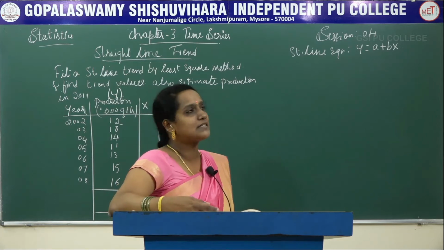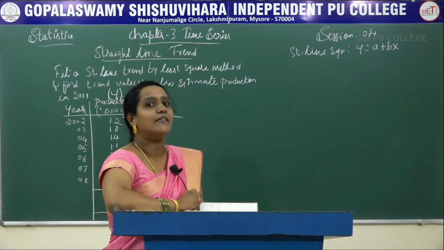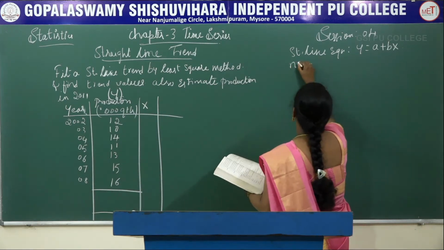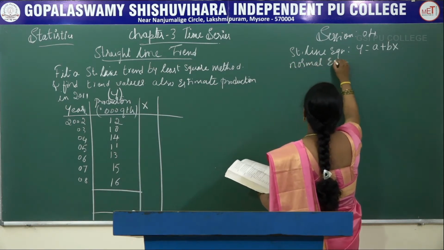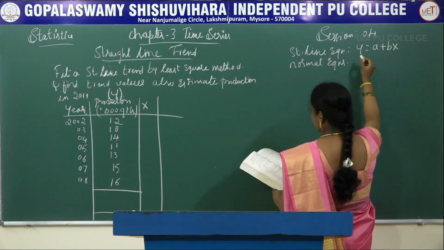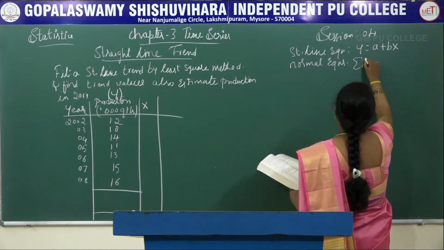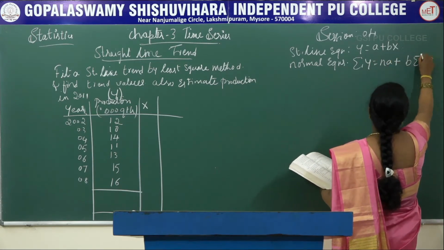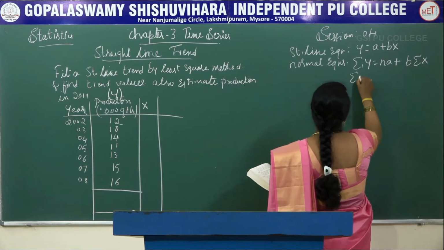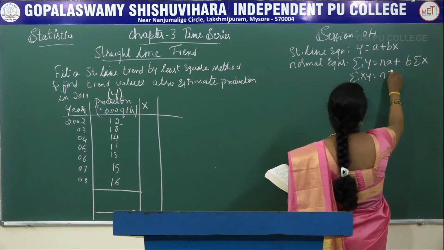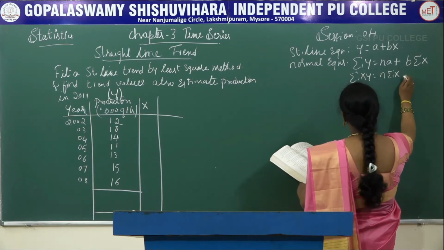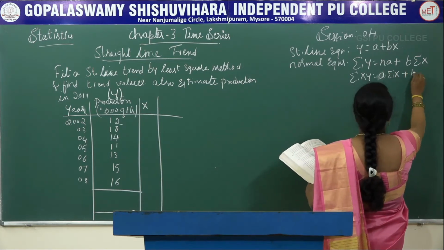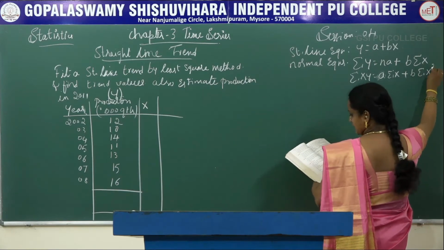To find these a and b values, we have two normal equations. The normal equations are summation y is equal to na plus b summation x, and summation of xy is equal to a into summation x plus b into summation x square.